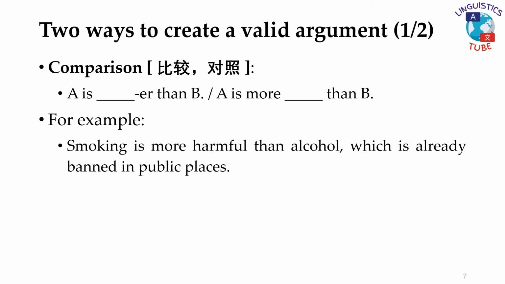The first structure is to compare A to B. This is expressed as A is adjective-ER than B, or A is more adjective than B. For example, using the previous topic, a valid argument might be smoking is more harmful than alcohol, which is already banned in public places.